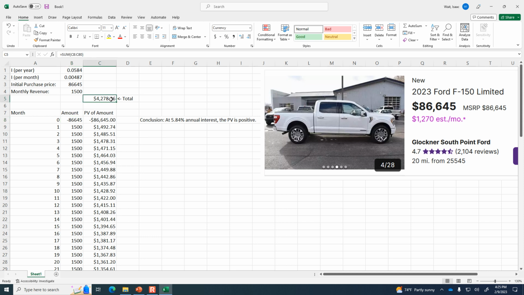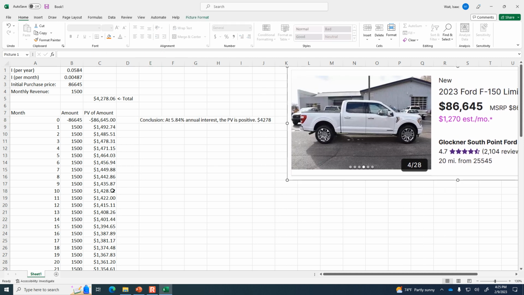So it's going to make this total smaller because of the more amount of interest that we have to pay. So let's try that. 8.35% instead. Oh, by the way, I'm going to write the amount here is positive 42.78. Just so I've got it documented here.